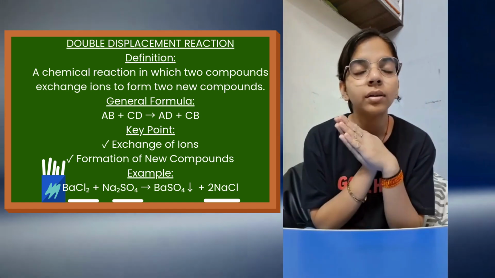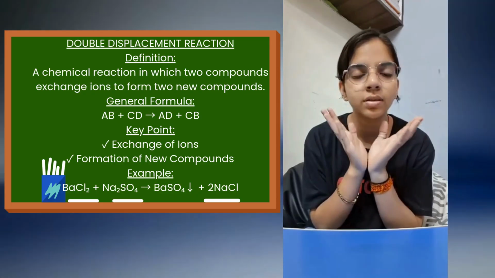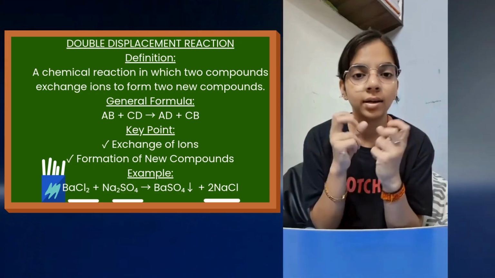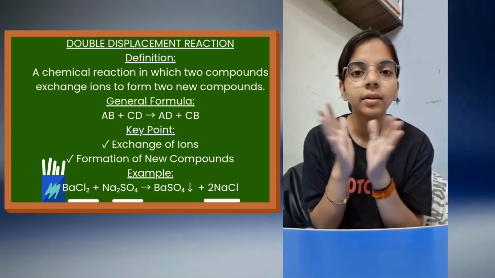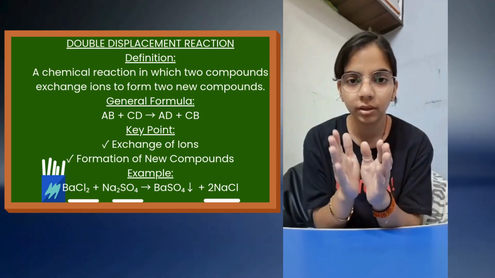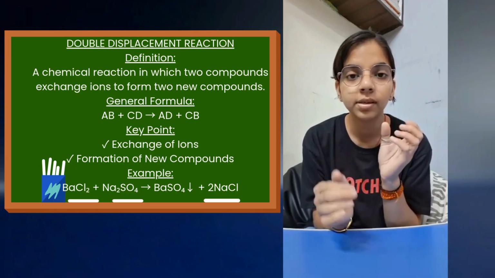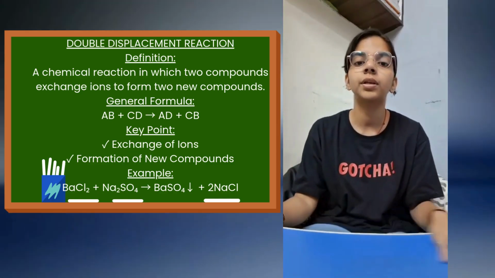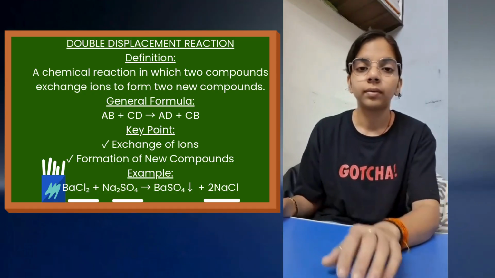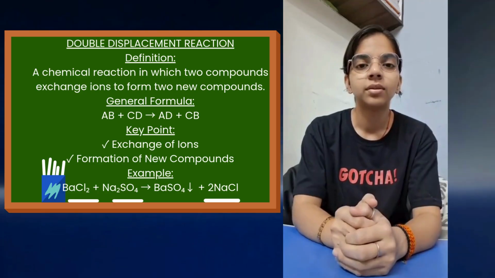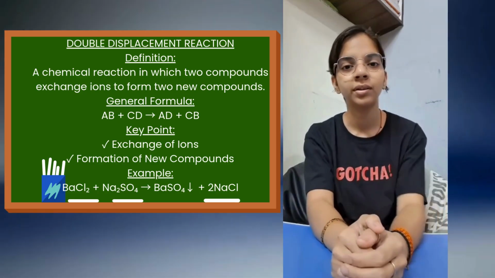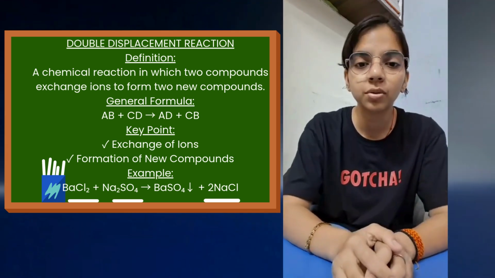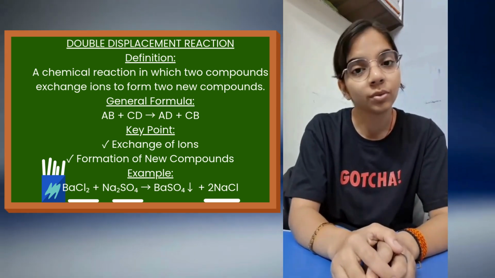All neutralization reactions are always double displacement reactions, because two kinds of salts act in this. In a neutralization reaction, the breakdown of ions occurs and exchange of ions occurs in order to make the neutral salt, right? So here you learned a double displacement reaction, as well as you saw a practical of neutralization reaction.